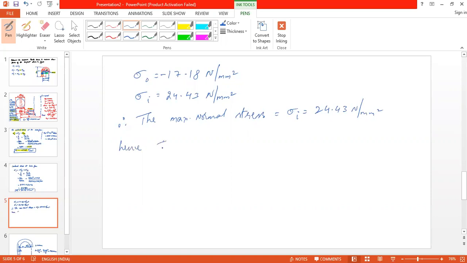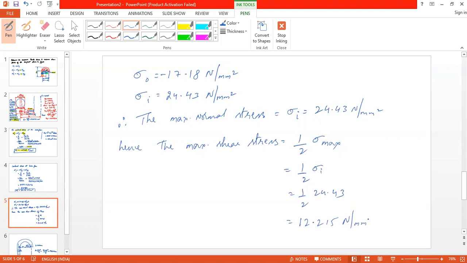And hence, the maximum shear stress is 1 by 2 sigma max, that is equal to 1 by 2 sigma I, that is equal to 1 by 2 of 24.43, which is 12.215 Newton per mm square. Any doubt? No, sir.